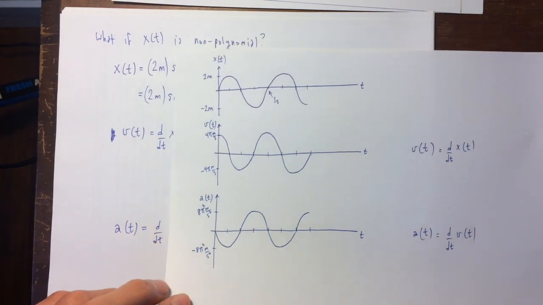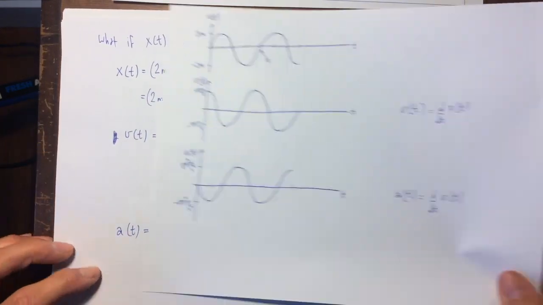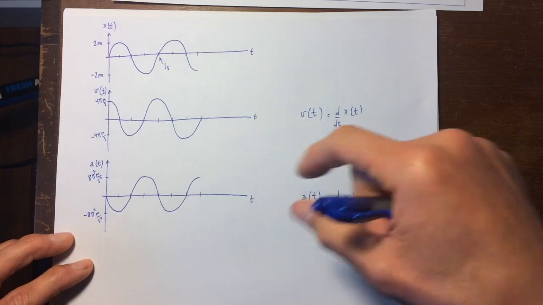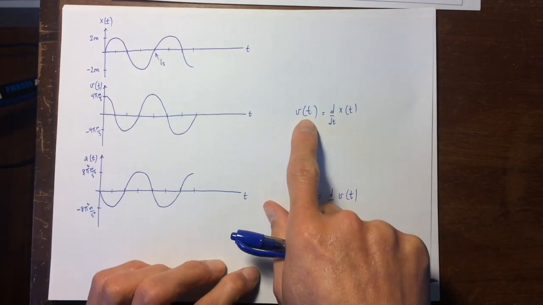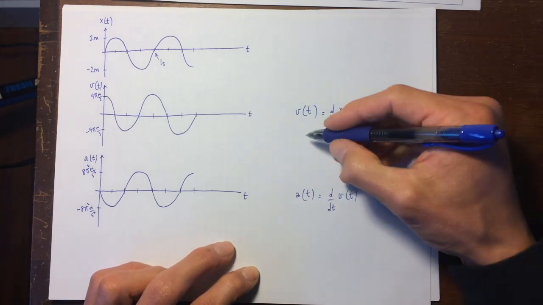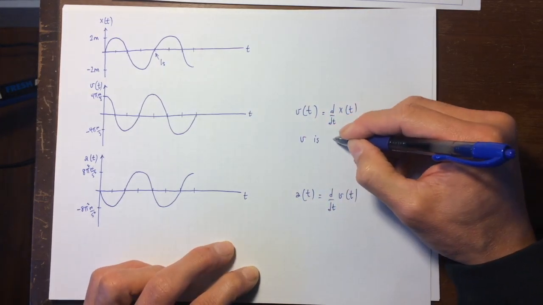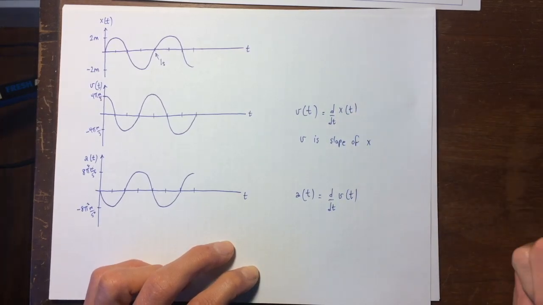All right, so now I've translated this into pictures. So let's just study the pictures for a second. The velocity is the slope of the position. V is the slope of x.